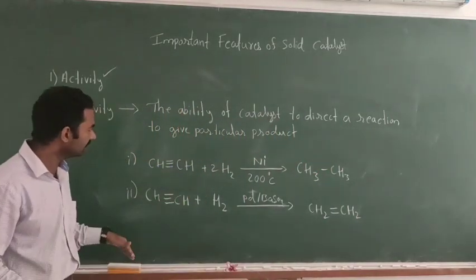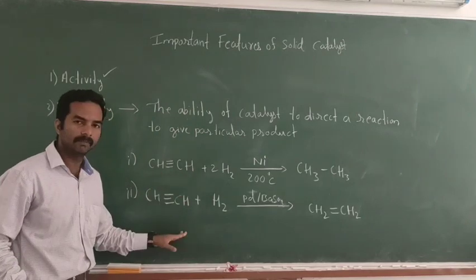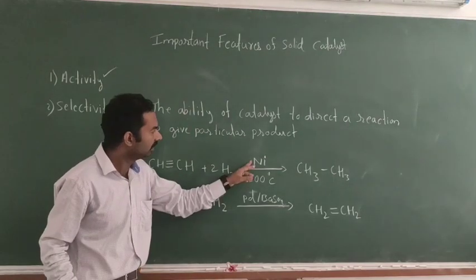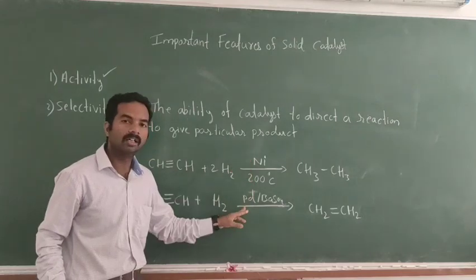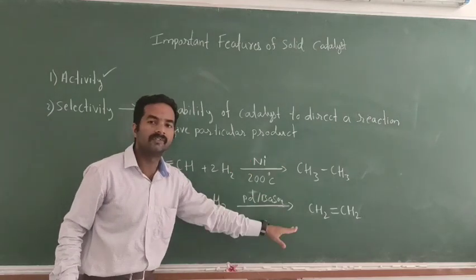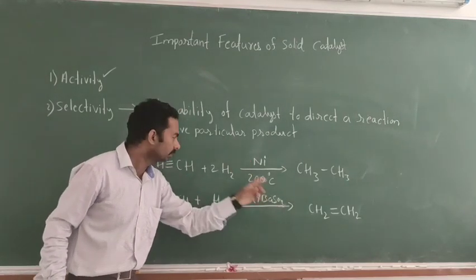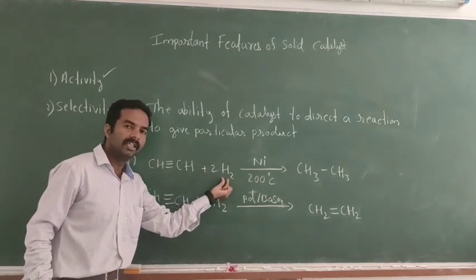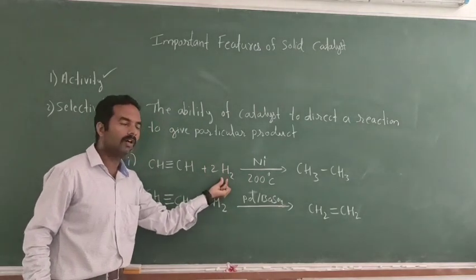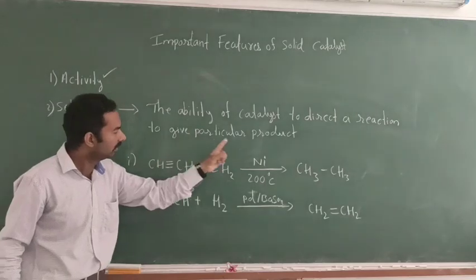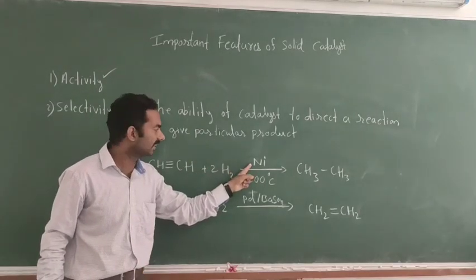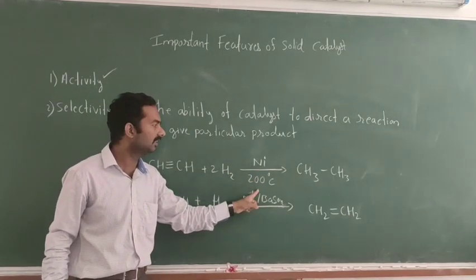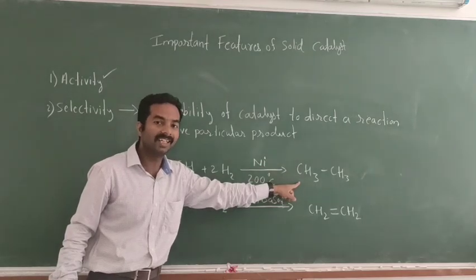So here in this case reactants are same but catalysts are different. It gives different product. So in first case hydrogenation in presence of nickel as a catalyst at 200 degrees Celsius forms ethane.